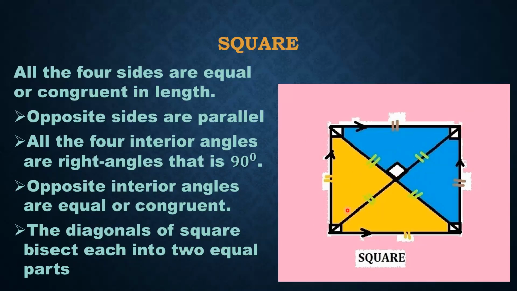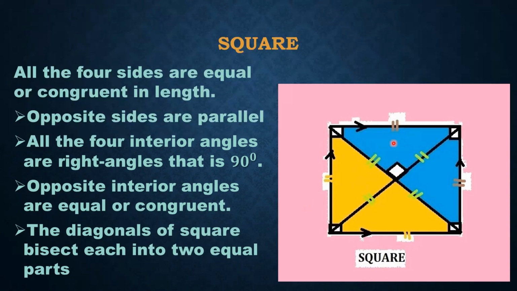When you draw this diagonal here, the size here and the size here are the same, okay? And the angle that's subtended on the diagonal is also 90 degrees. So the size here and the size here are the same. That is why the diagonal bisects the square into two equal parts.